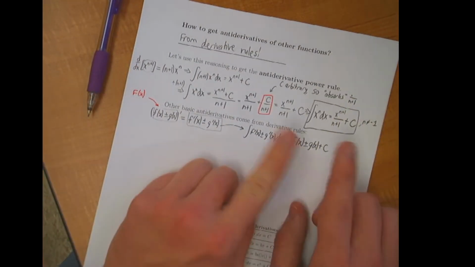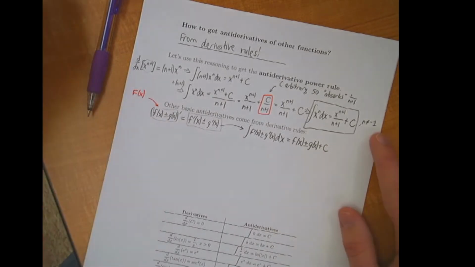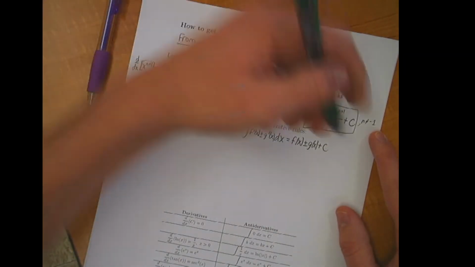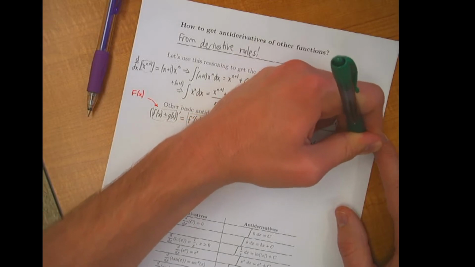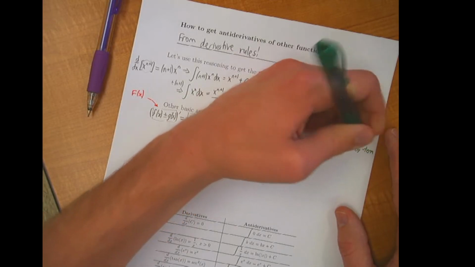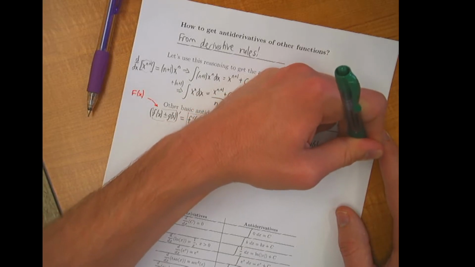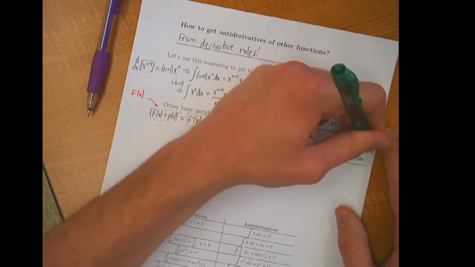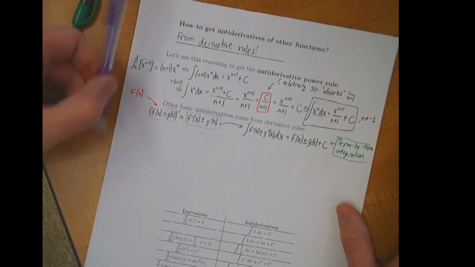So what's nice about this formula is that it allows us to do term-by-term integration. Okay. So that's one nice property.